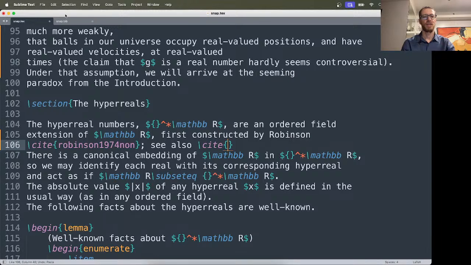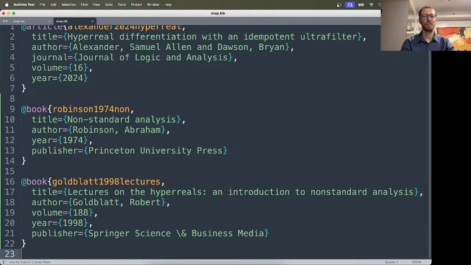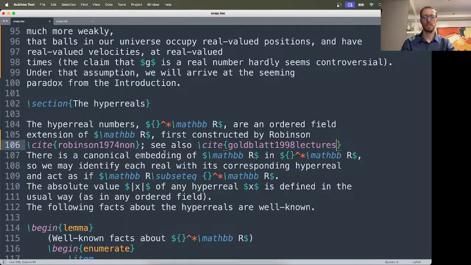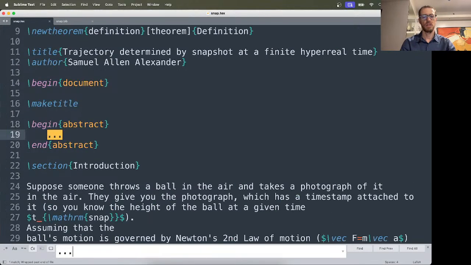Whoops. I just pasted the whole bibliography file. I meant to paste the bibliography file into snap.bib and then paste the label and cite the label. Any other? No, just the abstract.